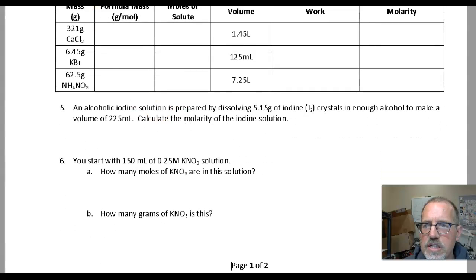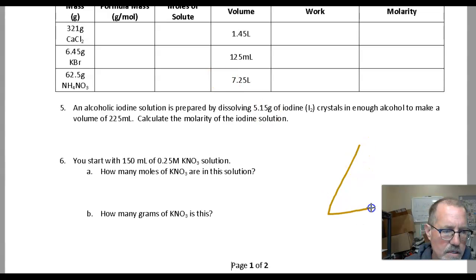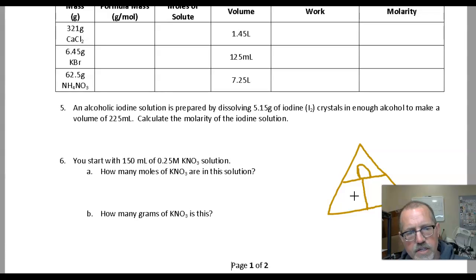Remember, you can use the golden triangle. Here is the golden triangle, which you can use to remember how to get it. Now, remember we symbolized, just coming off the gas unit, moles as N. So N is our moles, and then we have our big M, molarity, and then I put the L in there intentionally.